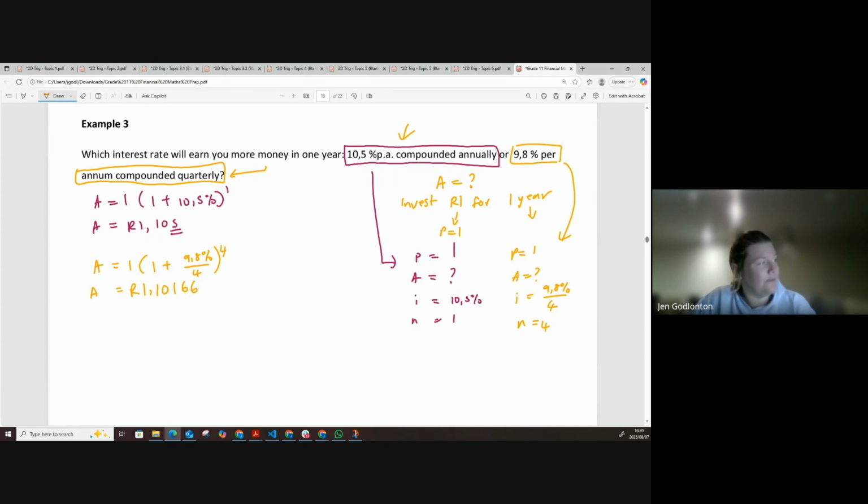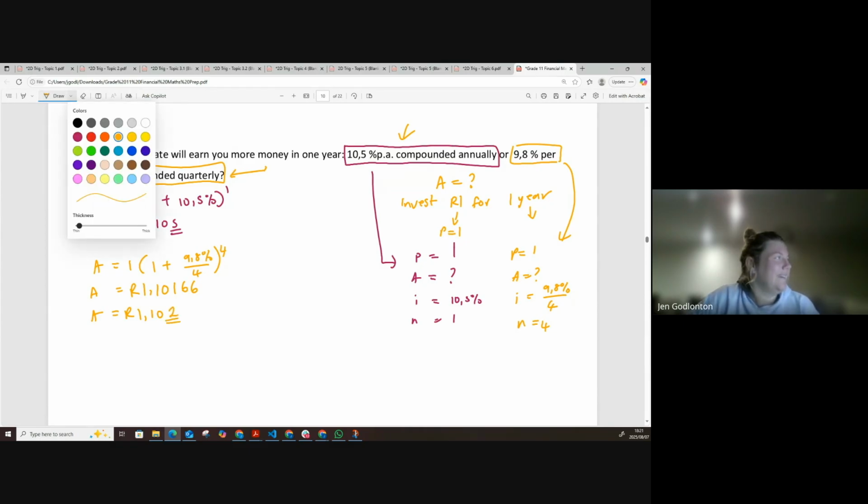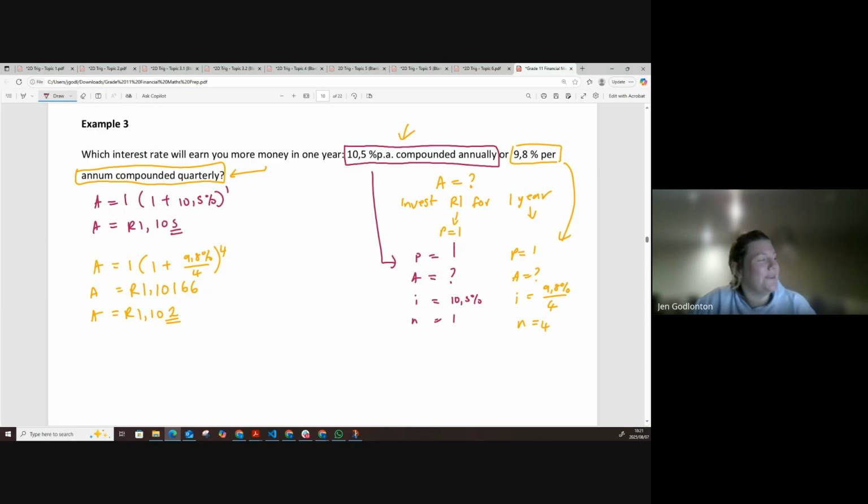So if we round it off to 3 decimal places, it would be 1,102. And so then, because this one is greater by 0.03 than 10.5% per annum, it earns more.